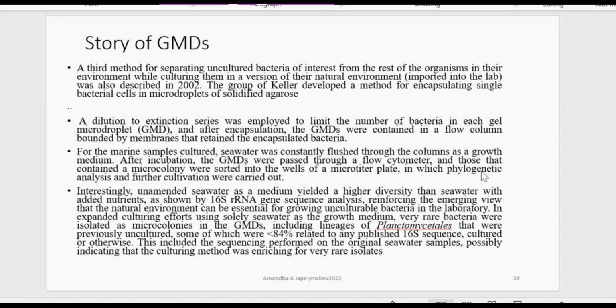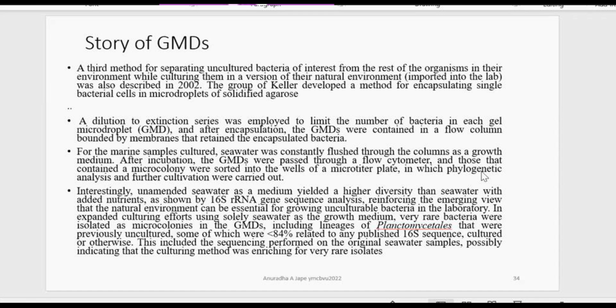So how is it possible to entrap a single cell? The experiment included collecting the sample from the environment and going for a dilution, and dilution to an extent that it is going to limit the presence of bacteria. That is the highest dilution you are going to go with, an extensive series you are going to go with, all right?